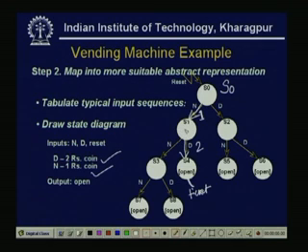Now, from S1, say a 1 rupee coin is deposited. Now, if another 1 rupee is deposited, then it is 1 plus 1 and it goes to state S3. Now, if it is again 1, then 1 plus 1 plus 1 means 3. So, again it will generate an output, meaning a ticket will be delivered.